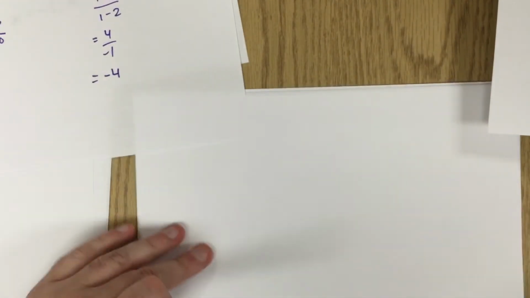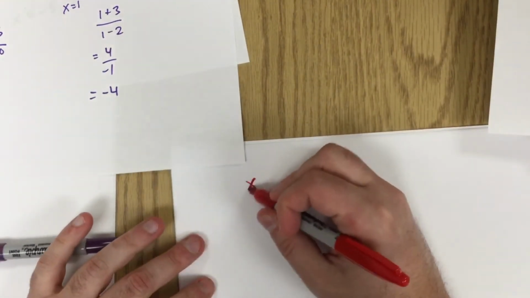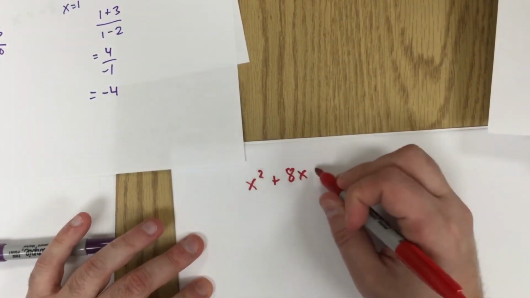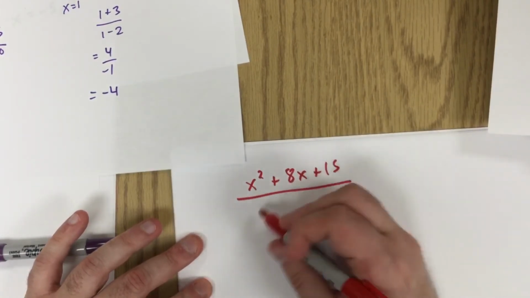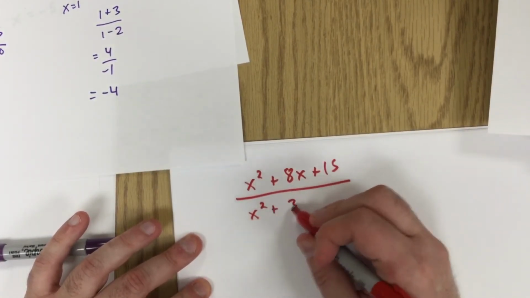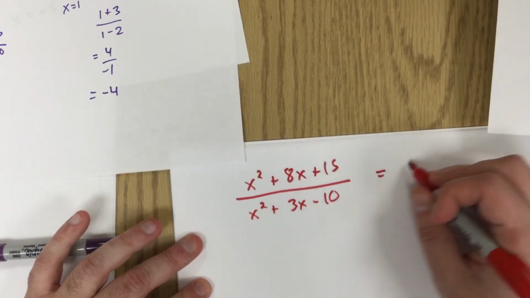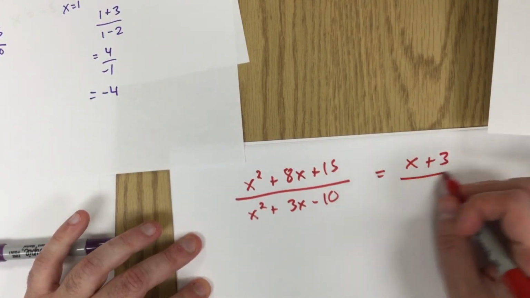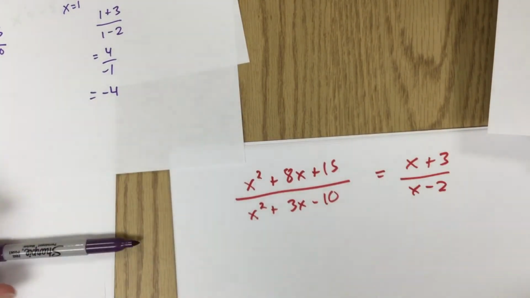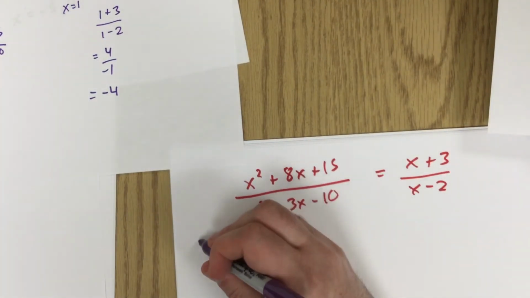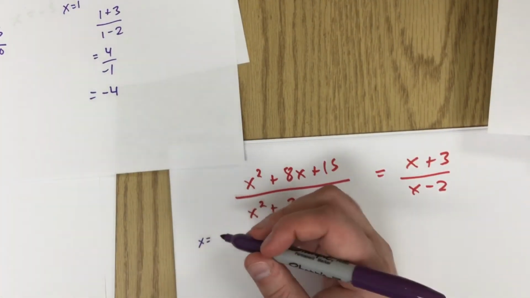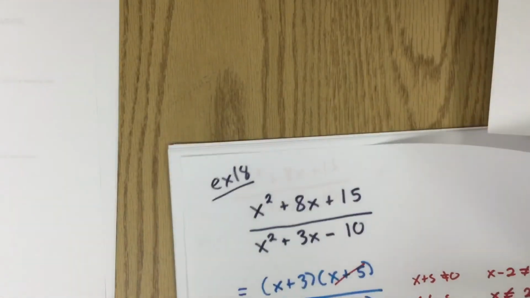But I also said that (x squared plus 8x plus 15) over (x squared plus 3x minus 10) was not true if x was equal to, what was the restriction? If x was equal to negative 5.